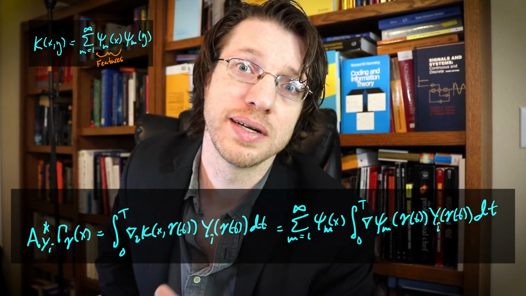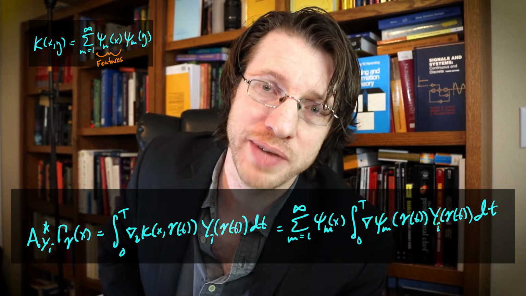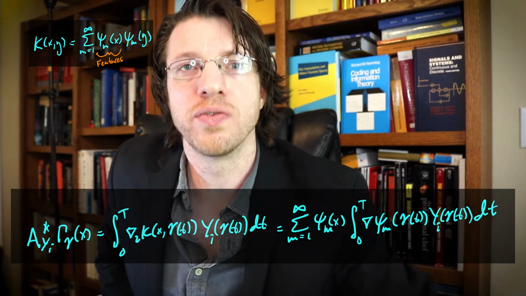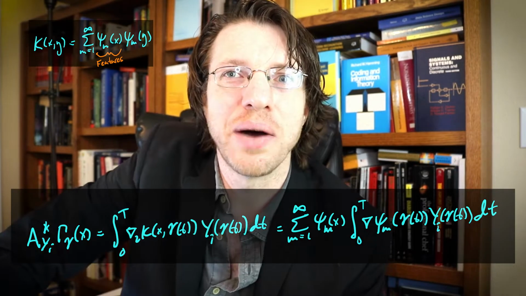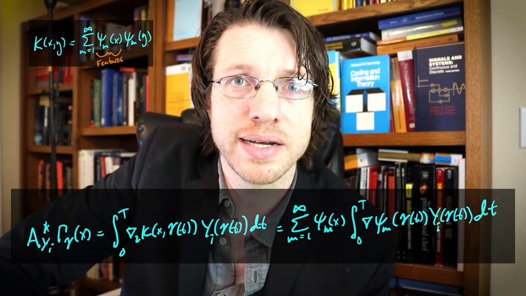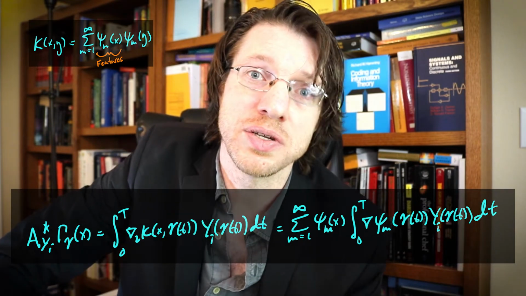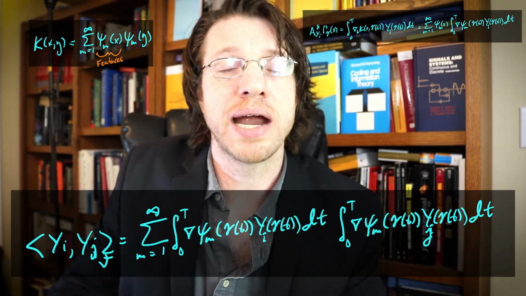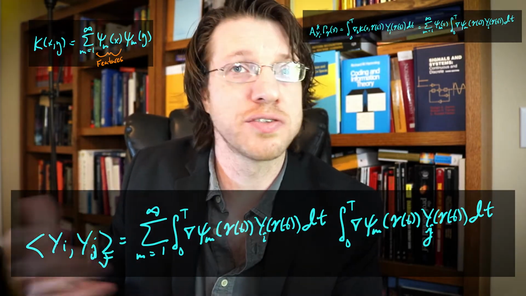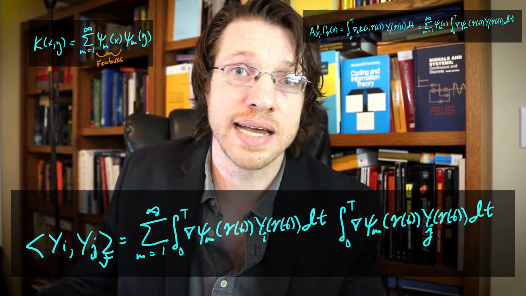And this feature is being multiplied by the feature evaluated at x, and then we're taking the sum over all of the features that map into L2. Now what's really cool here, if we want to take the inner product of our basis functions inside of this new inner product space that we have, all we now need to do is take the pairwise products of the integrals of these features times our basis and take that infinite sum.